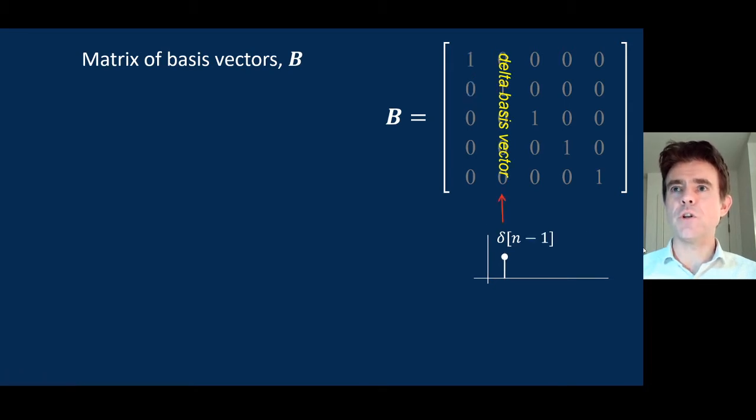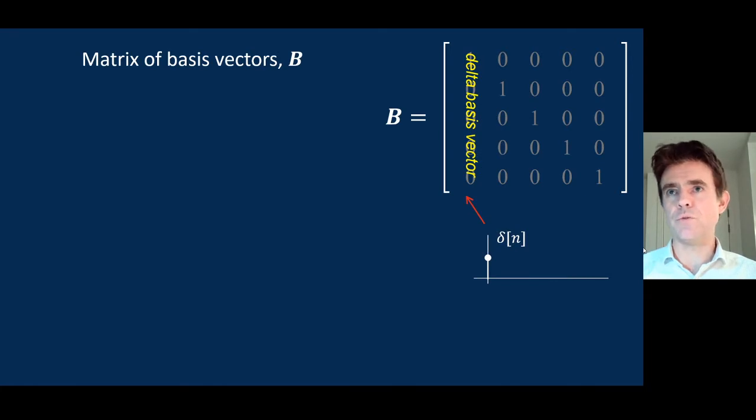And then I can shift it along, and then that's the next column, shifted again, that's the next column, shifted again, and again. And so you can see that for this simple case of just having 5 samples in a signal, I can use a basis matrix, we'll see how it's used in a moment, that's just composed of 5 shifted copies of that delta function or delta basis vector, if you like.